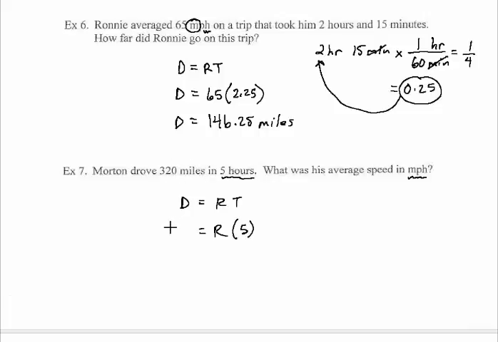It's just straight miles, and the 320 replaces the D. So we want to solve for the rate. To do that, the 5 is multiplying the R, so we do the opposite and divide. 5's cancel. And let's see, what do we get? 5 goes into 32 6 times, and then we're left with a 20, 64.